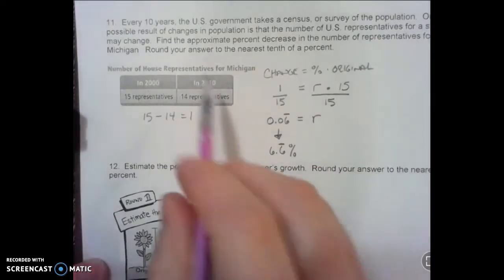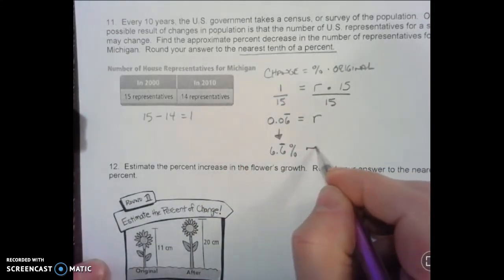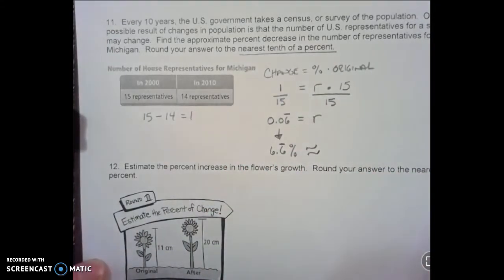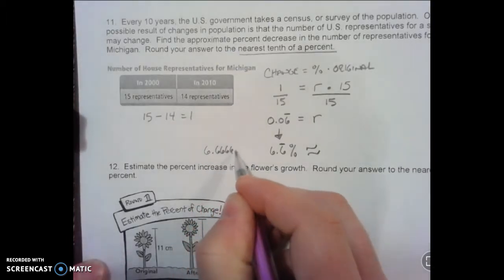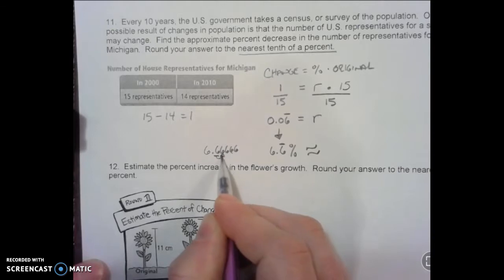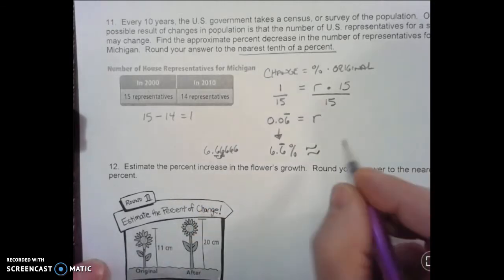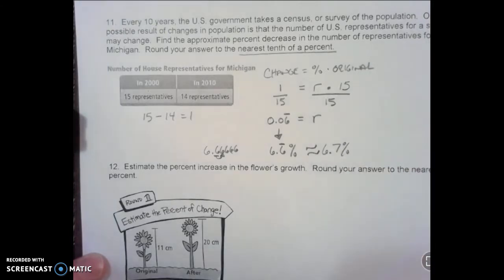The question says round your answer to the nearest tenth of a percent. So this is going to be approximately... remember, that's a bunch of 6's repeating. Right now it looks like 6.6 repeated, but I have a 6 here in the hundredths place that's going to round us up. So this is going to be approximately 6.7%.